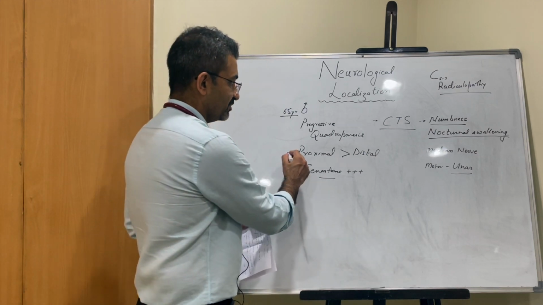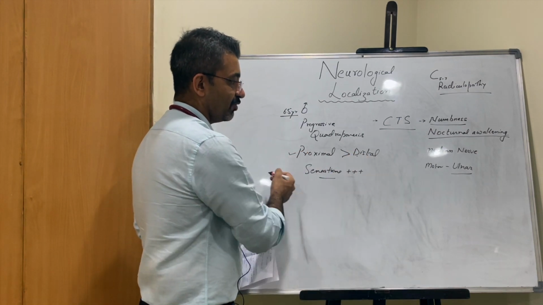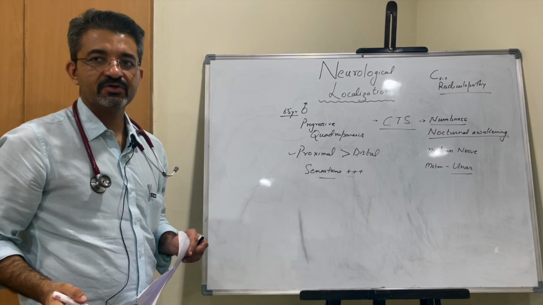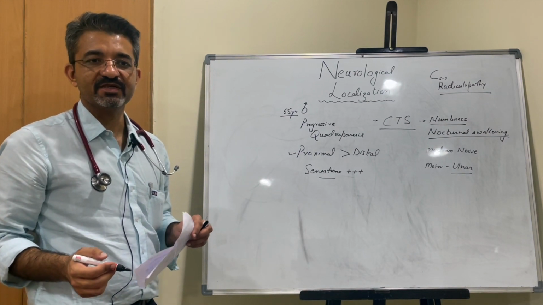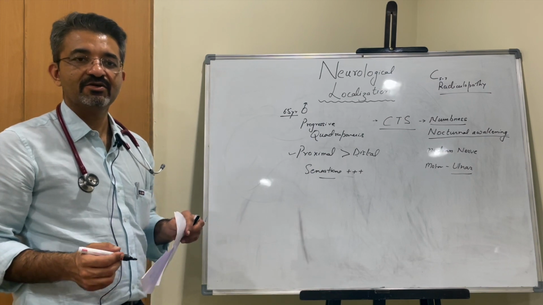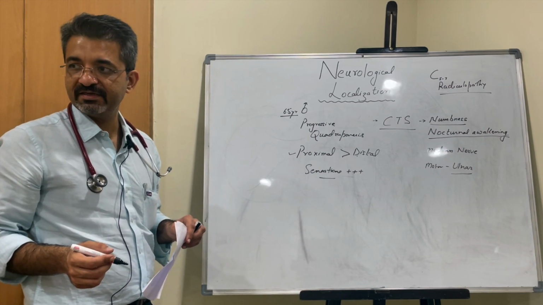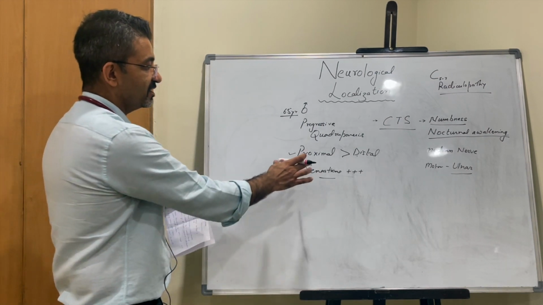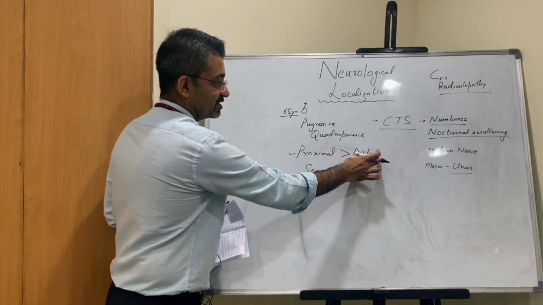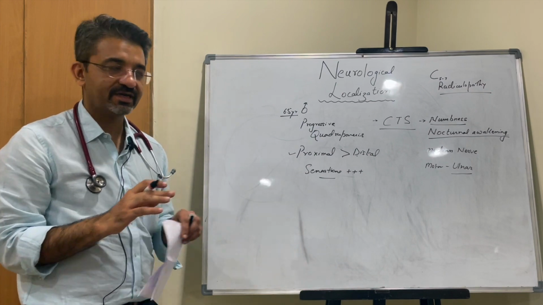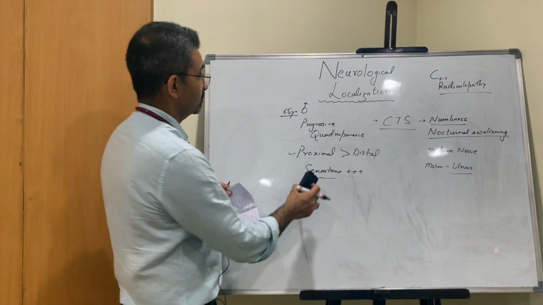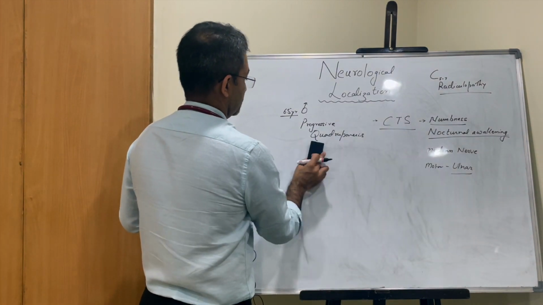Okay, proximal muscles more than distal muscles, all sensations intact. So it is not a spinal problem, it is not a nerve problem, it is a problem of muscles. So anyone who has quadriparesis with weakness predominantly in proximal muscles more than distal muscles, and sensations absolutely normal, your diagnosis is myopathy.